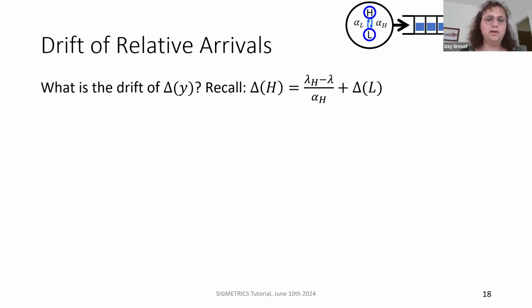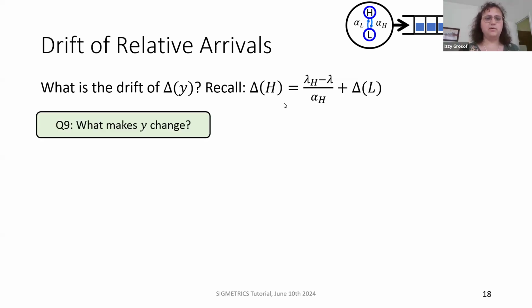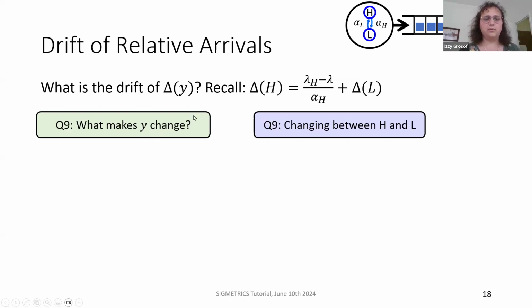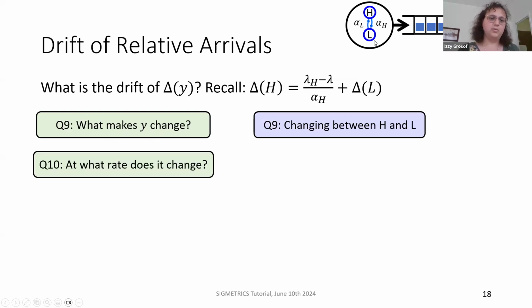So let's ask the question, what is the drift of this relative arrival? What's the drift of delta y? And remember, this is that relationship between delta H and delta L. So to do this, we're going to break it up into 4 questions. First, what would make y change? Let's remind ourselves what this y thing is. So y is the arrival state, so this changes when we change between H and L. At what rate does y change?